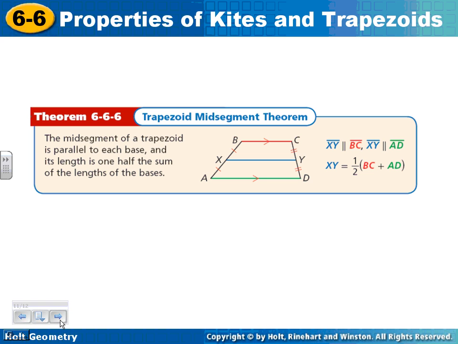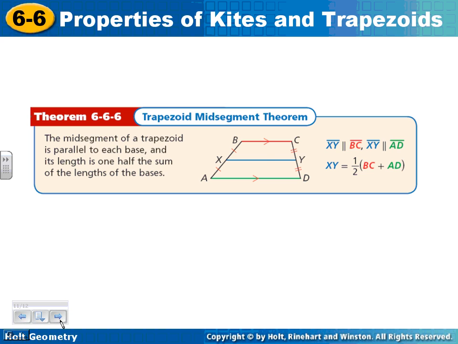Trapezoid midsegment theorem. Again, in the previous chapter, we did triangle midsegment theorem. Now trapezoid. This theorem reads, the midsegment of a trapezoid is parallel to each base, and its length is 1/2 the sum of the length of its bases.